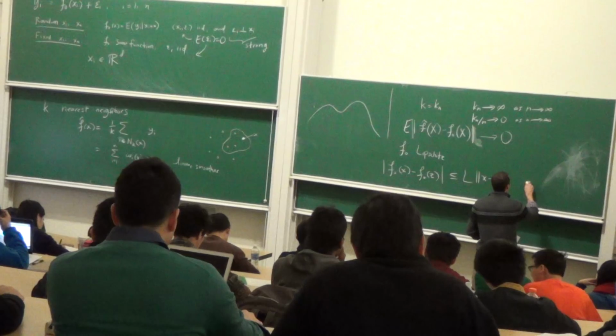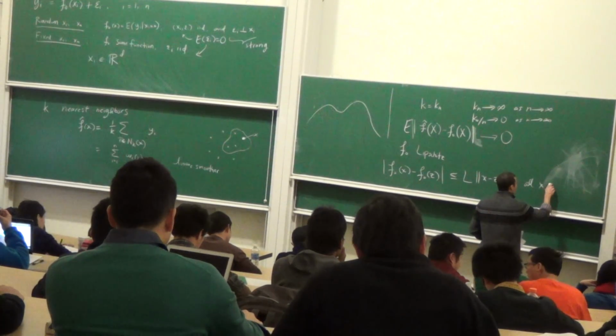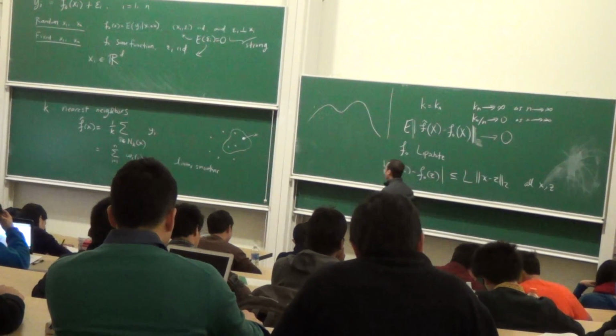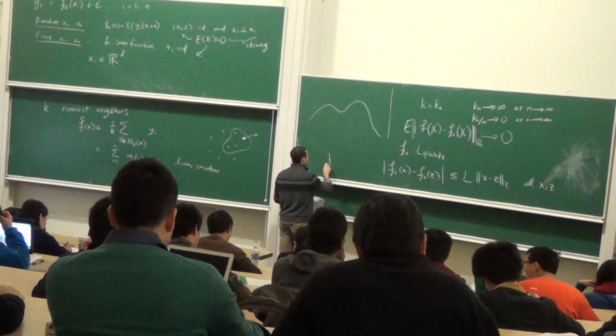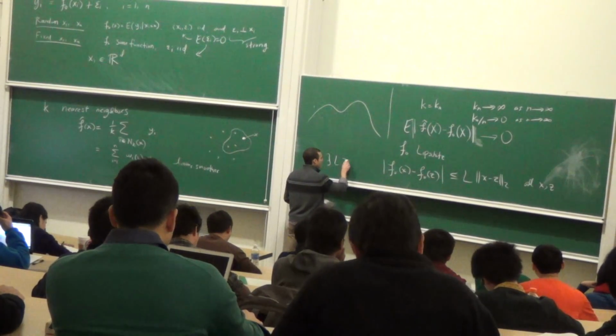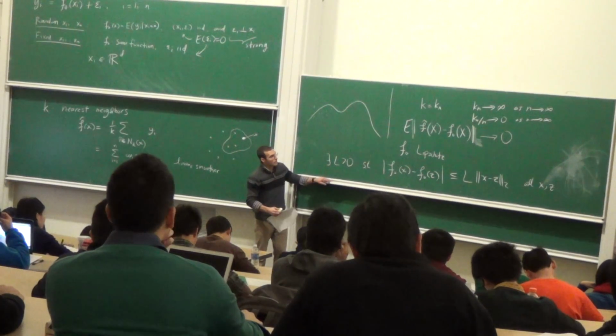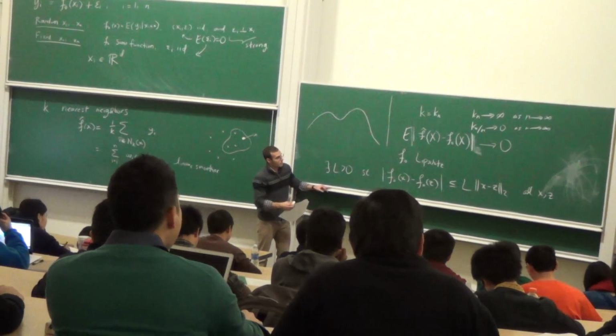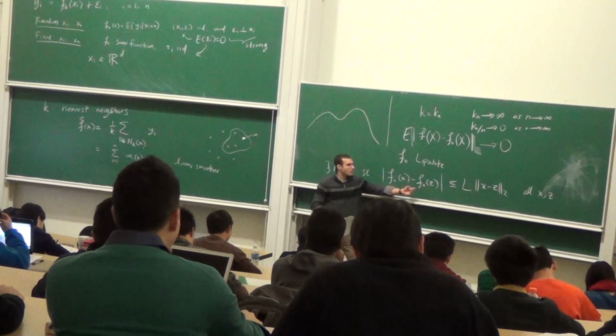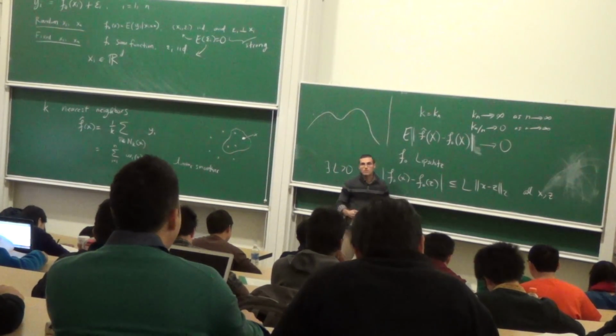This has to hold for all x and z. So I have to say that there exists some L such that this is true. Okay, so that's the definition of Lipschitz. It means that the difference in outputs is never more than L times the difference in inputs.